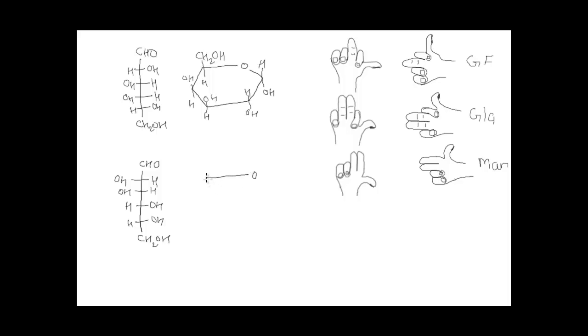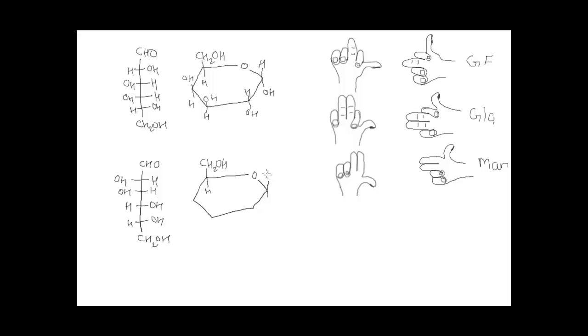So now let's draw the Haworth projection again. In this Haworth projection, the CH2OH is going to come from here. Is the CH2OH going to be on the top or bottom? If you guys thought it right, it's going to be on the top, because if it's a D compound, this one will always be on the top. And the OH over here, whether it goes up or down, depends on whether this is an alpha or beta compound. Now let's say it's a beta compound, whether the OH is going to go up or down.